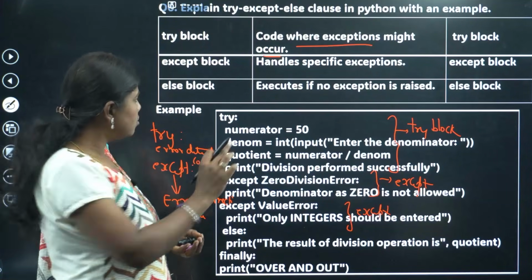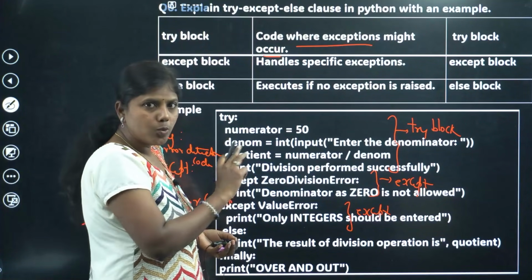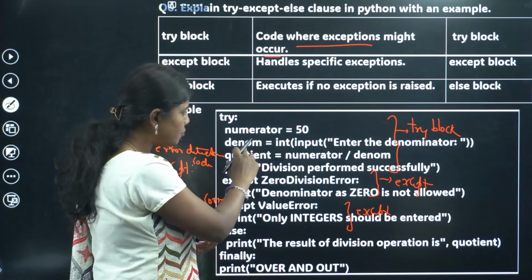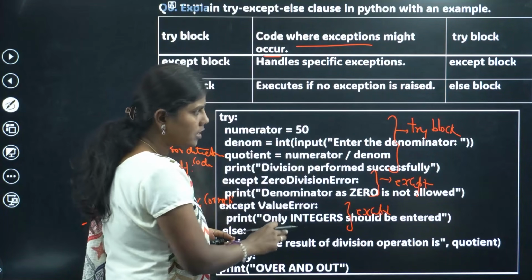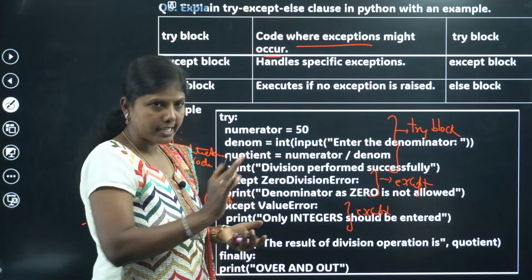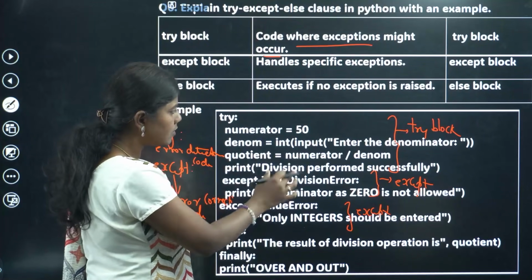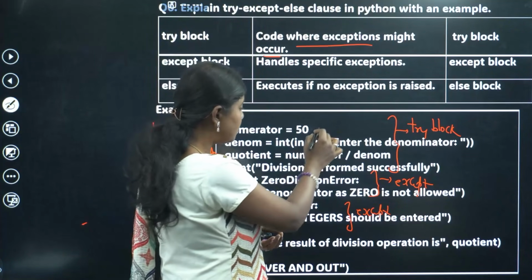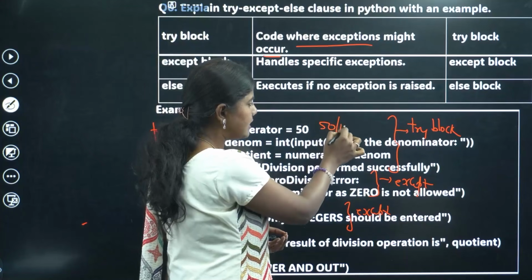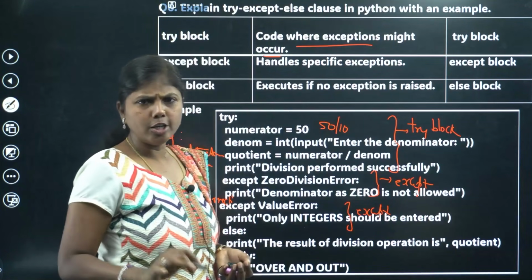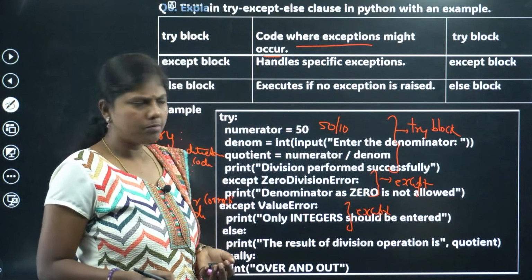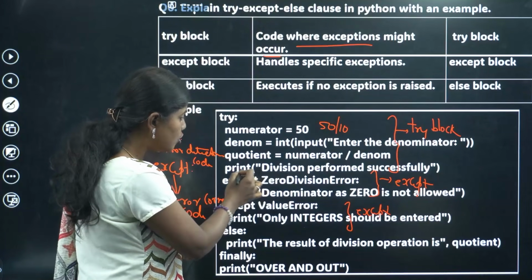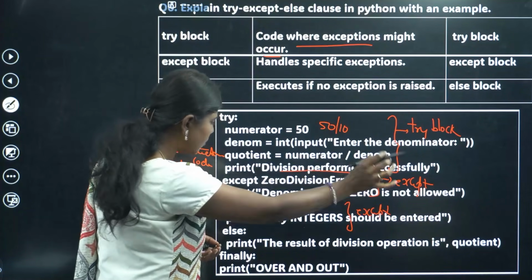So what about the try block? We'll just look at an example. Numerator is equal to 50, denominator is equal to input, enter the denominator, some number I'm going to take. Quotient is equal to numerator by denominator, that means 50 by 10, let's consider. I have entered the denominator as 10, no problem. Here division is performed successfully, it will come.